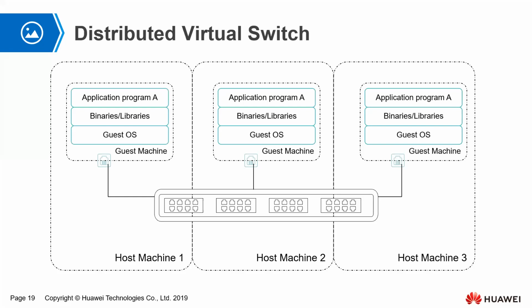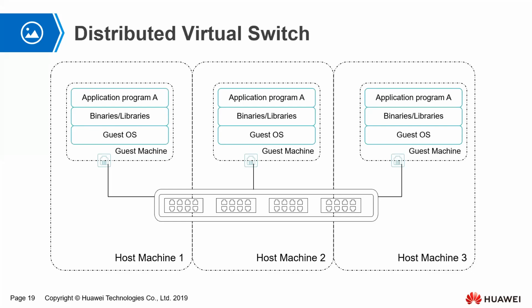But then we are saying that all the configurations apply only to the virtual machines on that physical host. We're also looking at the distributed virtual switch. When you hear the word distributed, it means it is distributed. So distributed virtual switches are deployed on different physical hosts.